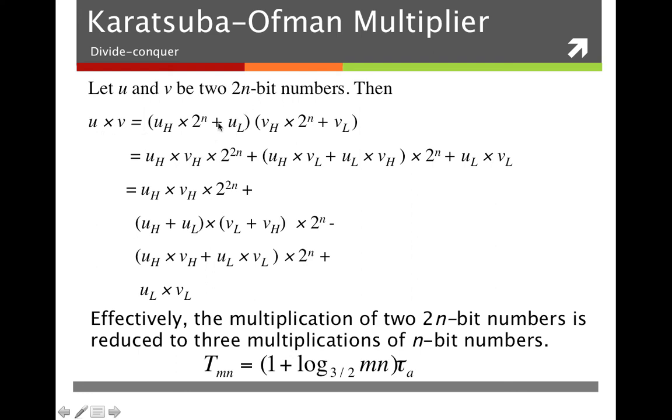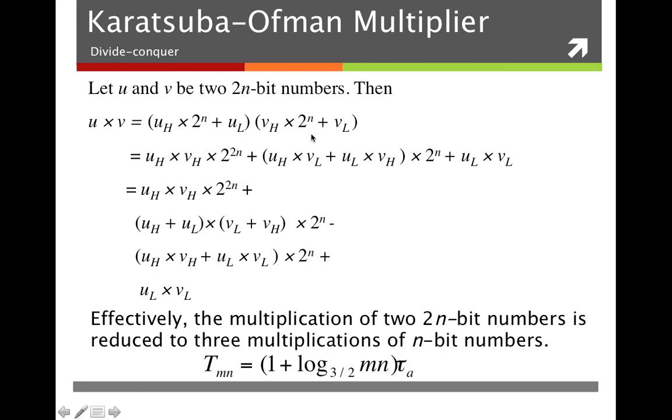Now I'm just basically leaving out m and n, simplifying so we can follow this. So u itself is going to be basically some n-bit number multiplied by 2 to the n, and another n-bit number, and these are the upper and the lower half of the 2n-bit operand u. So the upper half, of course, will have to be shifted by n bits. That's what this does, and then the lower bits are here. Same is true for v.